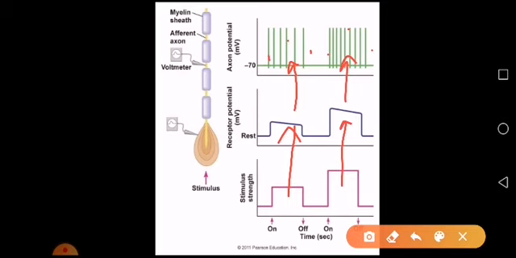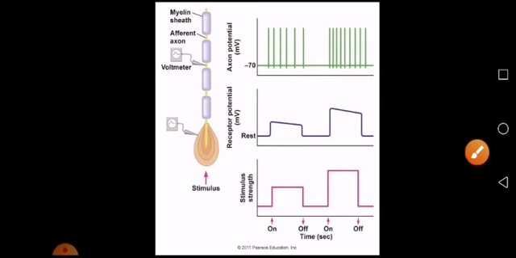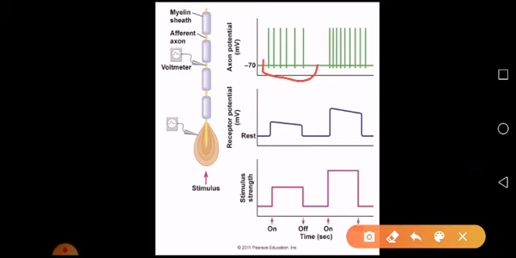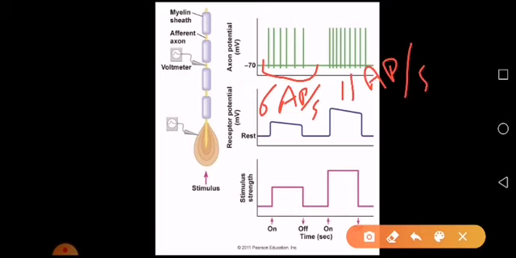So the number of action potentials per unit of time is different. It is like we obtain here 6 action potentials per second, and here we obtain about 11 action potentials per second, or 9. It is 9 action potentials per second.